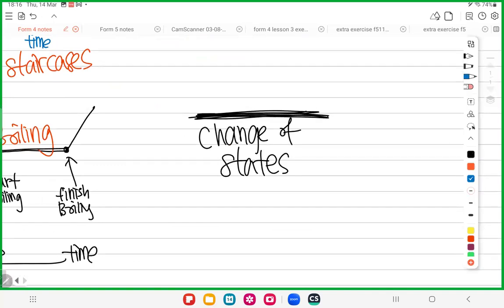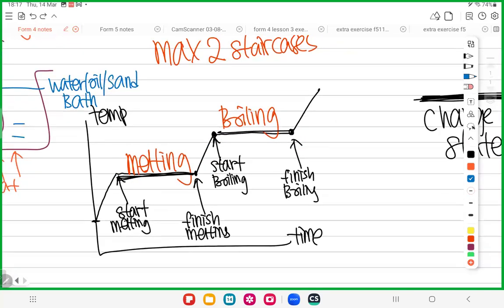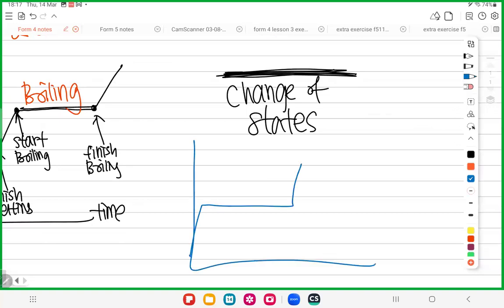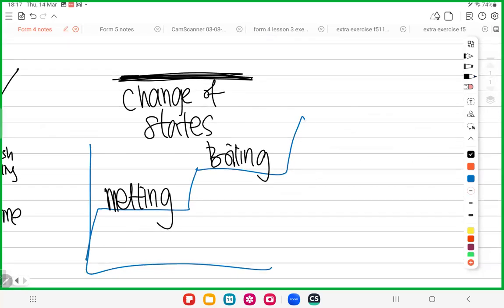They won't happen on the other lines. All the changes of state always happen on the horizontal line only. So when you have 2 staircases, the first staircase is melting, the second staircase is boiling. And after boiling, there is nothing you can do. That's why it's impossible to have a third staircase.